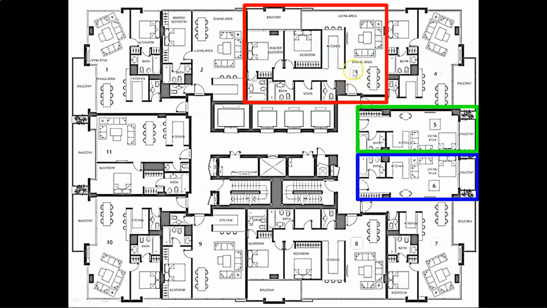However, condo unit number 3 and condo unit number 6 will not have the same rent. Number 3 is more expensive than number 6 because this one only has 1 bedroom, whereas this one has at least 2 bedrooms and a lot more square footage. So even though they're on the same floor, the same level, they are not the same units. They're not the same sublevel. Thus, they won't have the same price or the same energy.